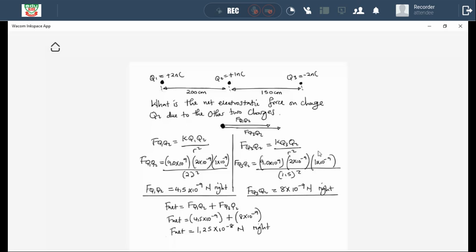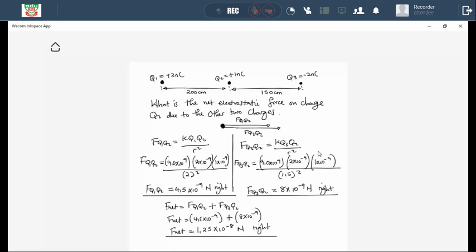Now let me take a few minutes to explain this calculation and also try to make some clear conclusions and analysis here. Now, friends, before I even start the calculation, by mere looking at the charges, remember we said there are two factors which influence electrostatic force: the magnitude of the charge and the distance.